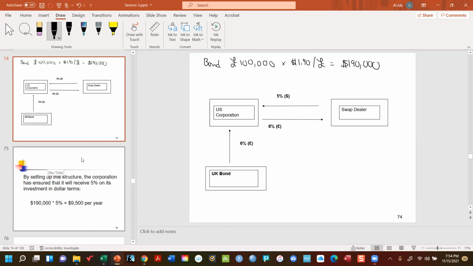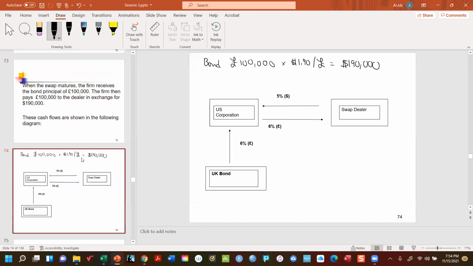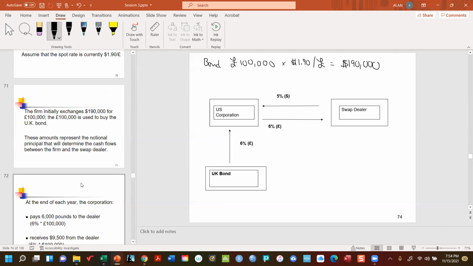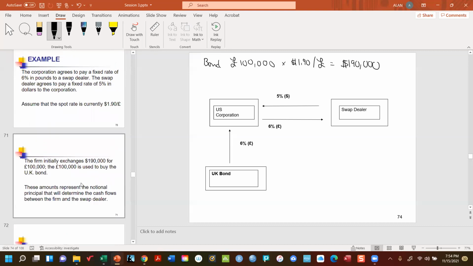So in addition to these interest payments, what also is going to happen is the bond is purchased for 190,000 traded for 100,000 pounds to buy the bond.